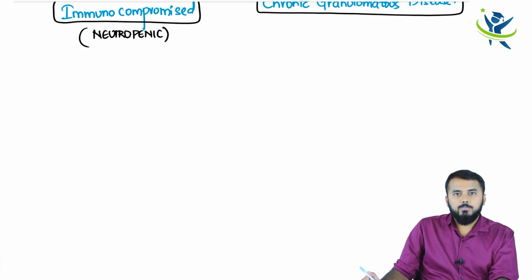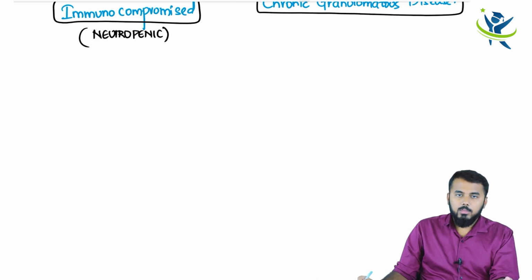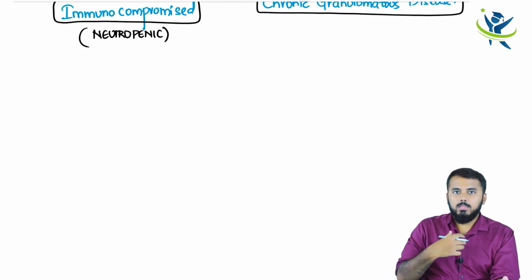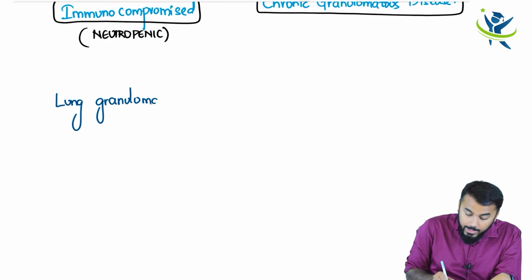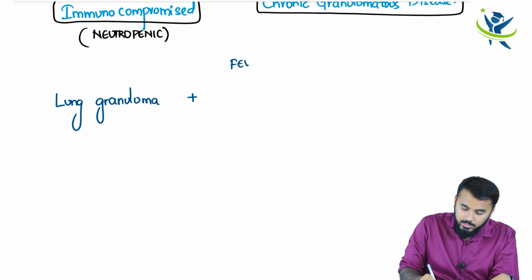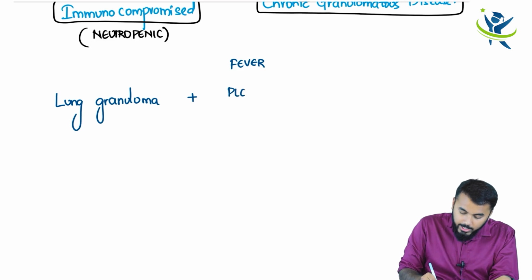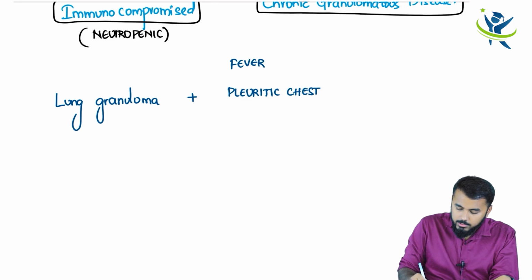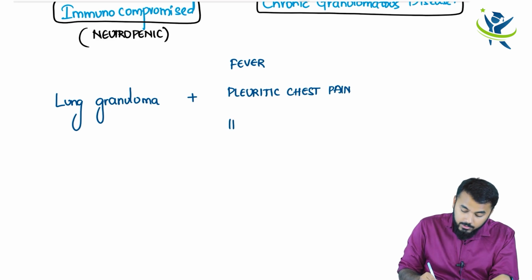In these patients, you will find granuloma formation within the lungs, very big granulomas. Along with this lung granuloma, the patient will have fever because there is infection in the lungs, pleuritic chest pain, and hemoptysis.